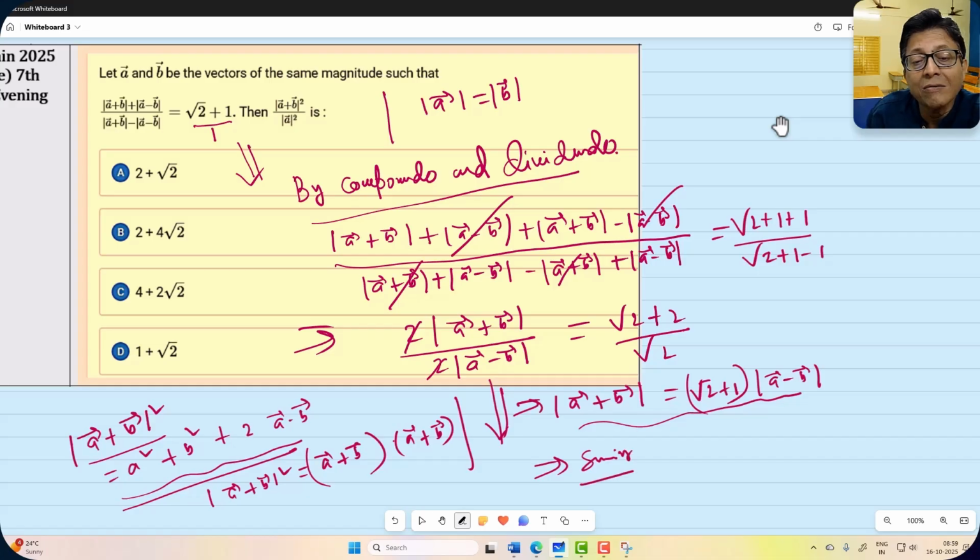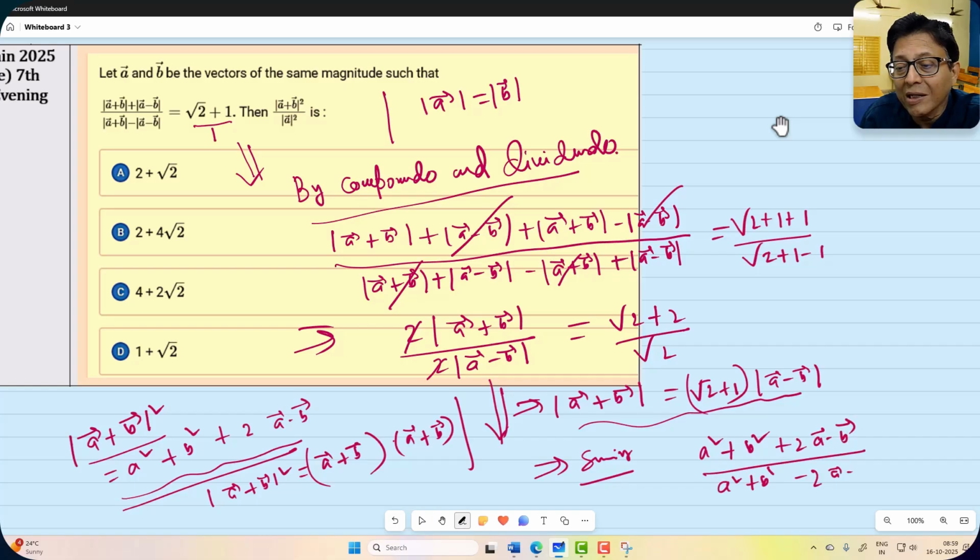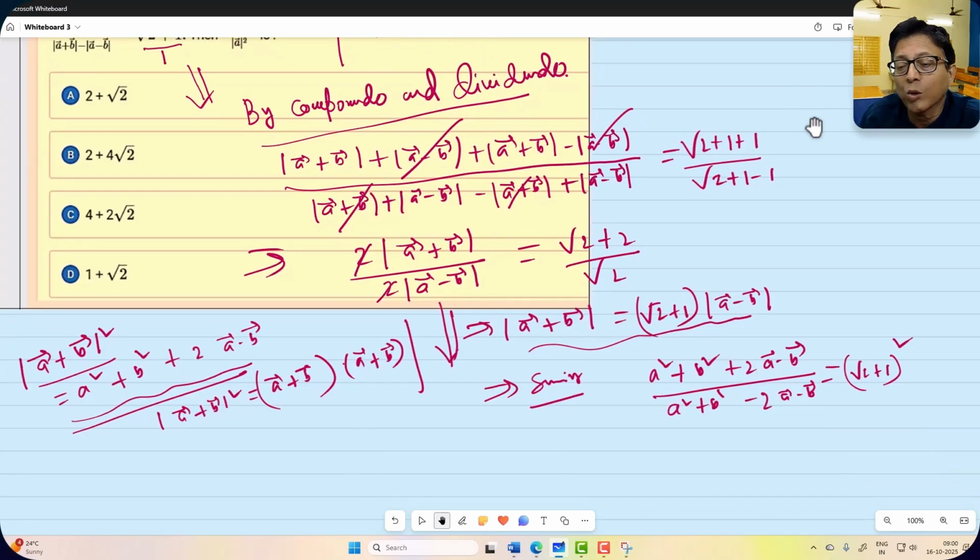Squaring, we get A square, B square plus twice A dot B by A square B square minus A dot B will be root 2 plus 1 whole square. Okay? Your problem is to get this one, mod A plus B whole square by mod A square.